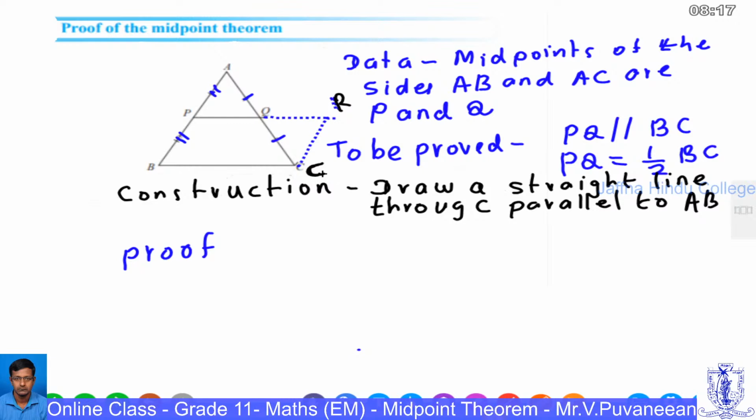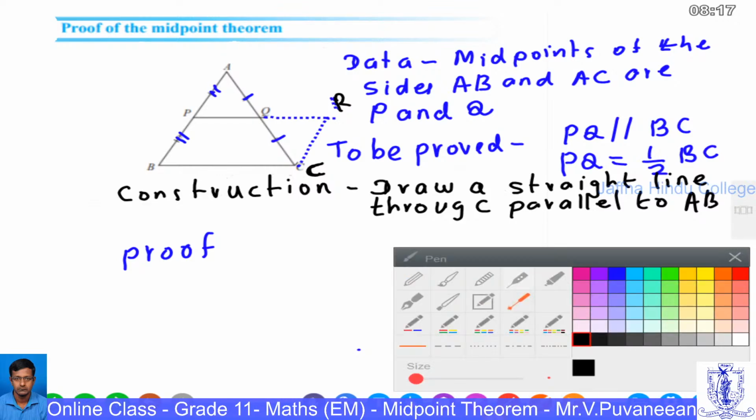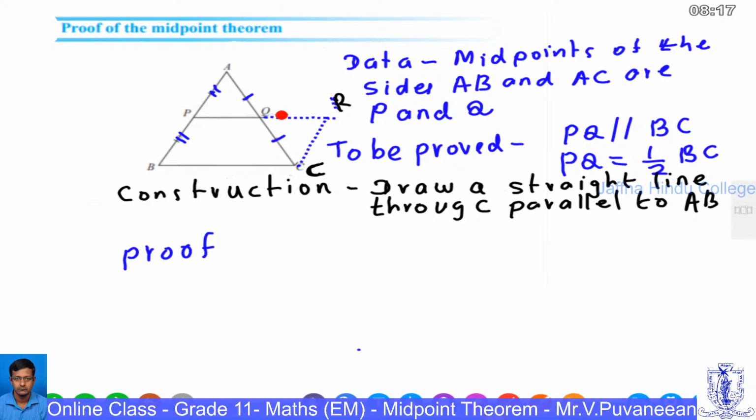If we prove these two triangles are congruent, then we can say PQ equals QR, corresponding elements of congruent triangles.